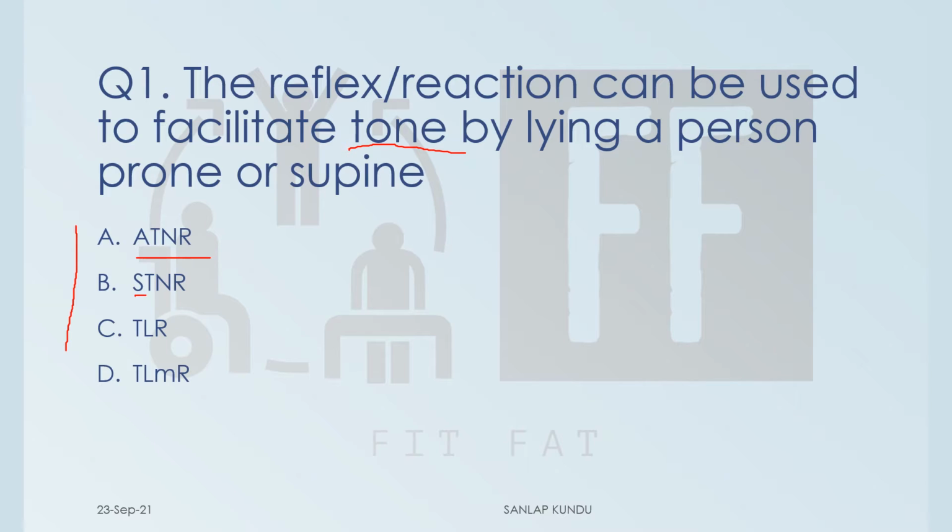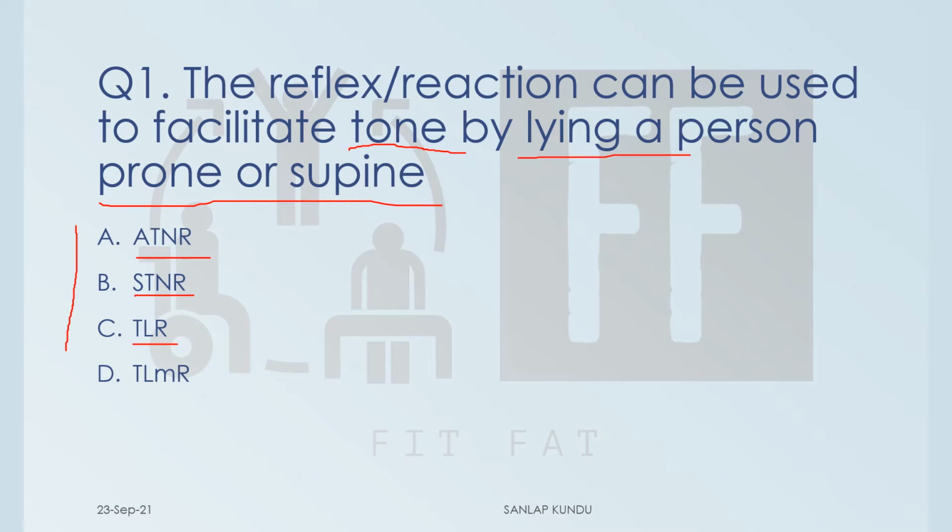The second option is STNR. Now in STNR, the stimulus is flexion or extension of the head, and the response we get is with head flexion, flexion of the upper extremities and extension of the lower extremities. And with head extension, there will be extension of upper extremities and flexion of lower extremities. So this again will not be our answer. Now the third option, TLR, that is tonic labyrinth reflex, the stimulus is prone or supine position.